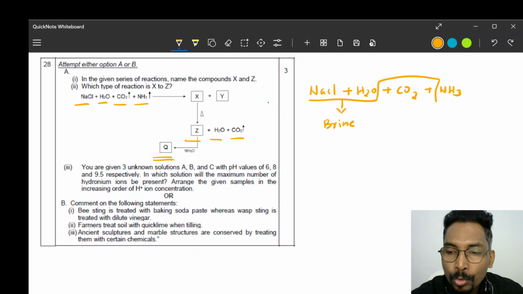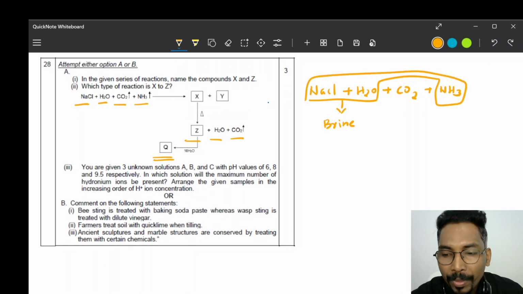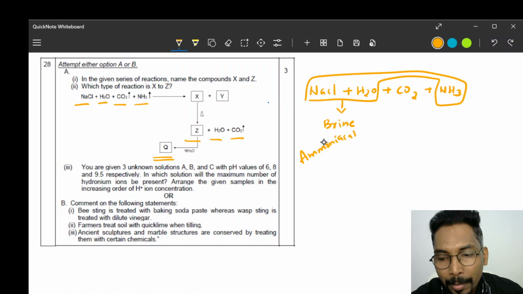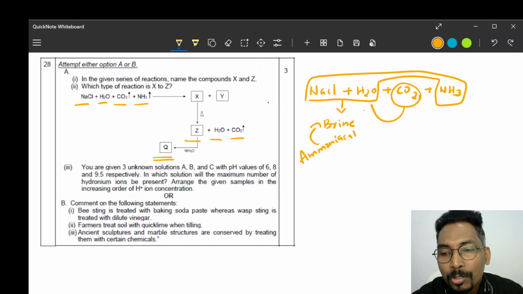NaCl plus H2O plus ammonia, what is that? Ammoniacal brine solution. So this reaction is exactly passing carbon dioxide gas through ammoniacal brine solution.